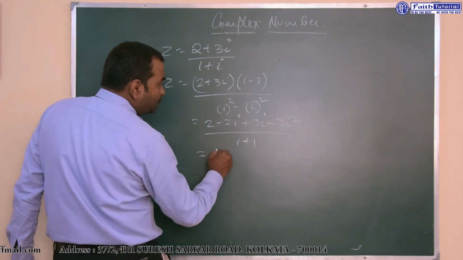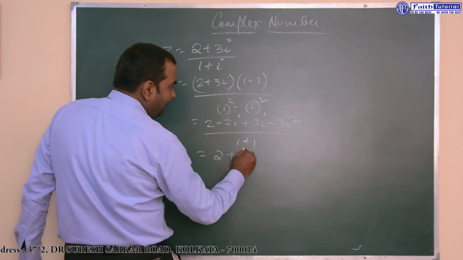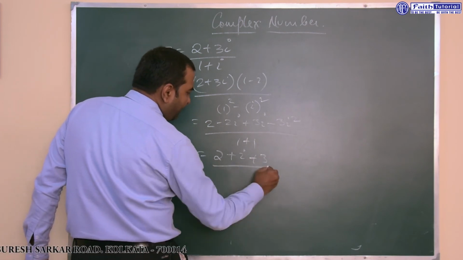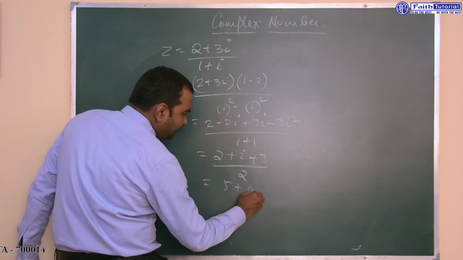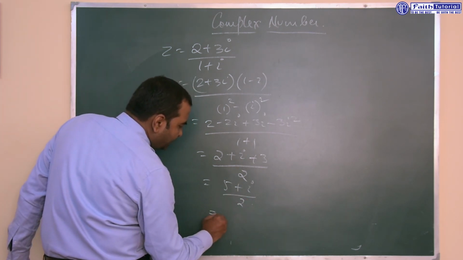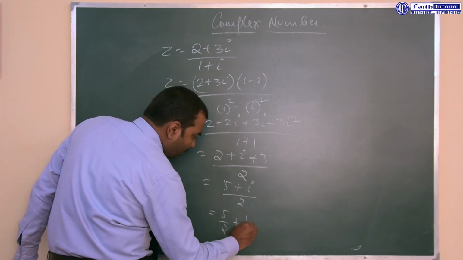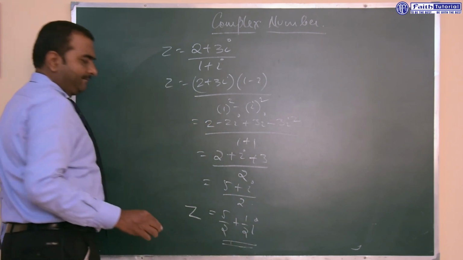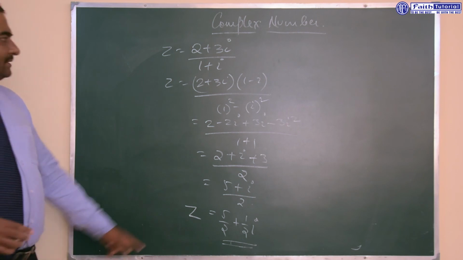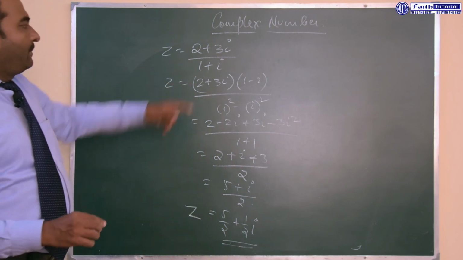So that becomes 2 plus i plus 3 divided by 2. So that is 5 plus i by 2, which is 5 by 2 plus 1 by 2i. See the way it has been written. So that is the standard form of that complex number.